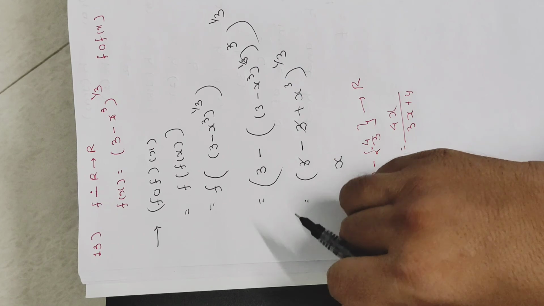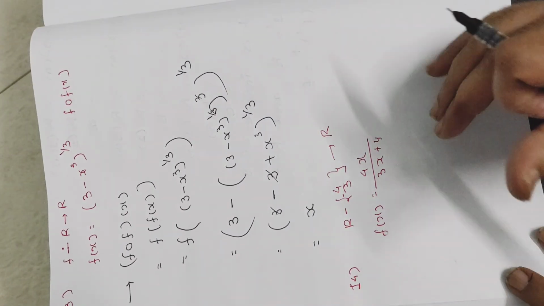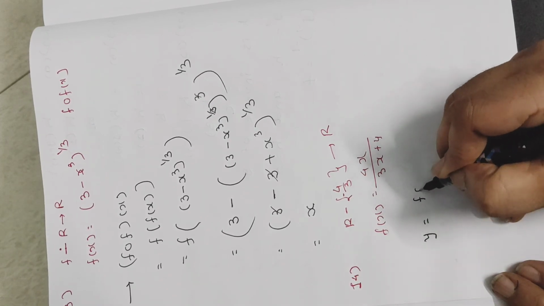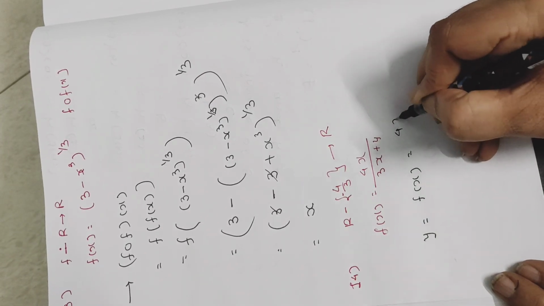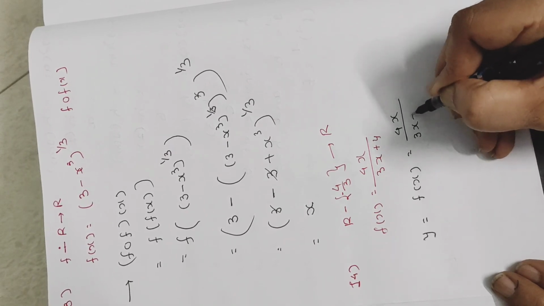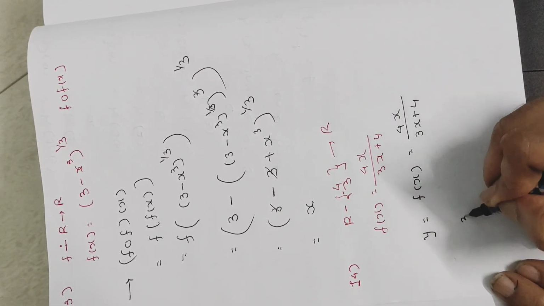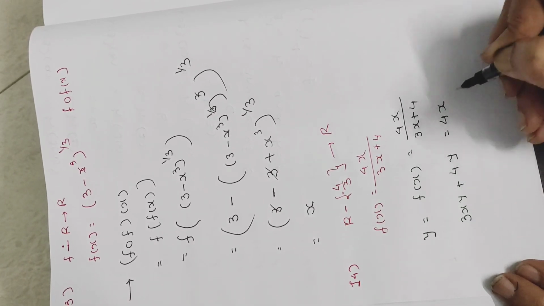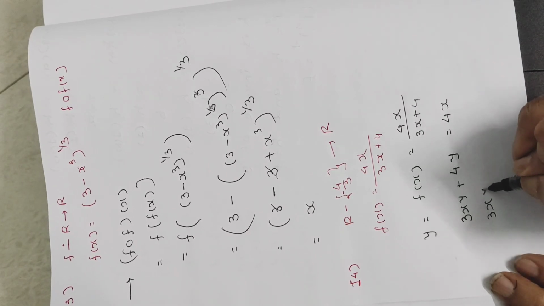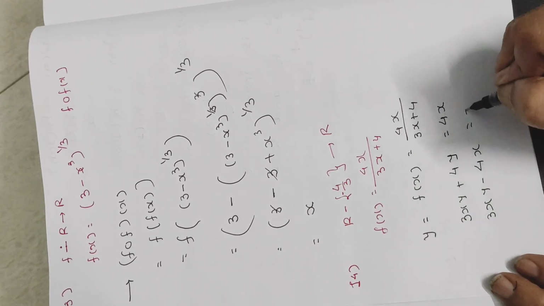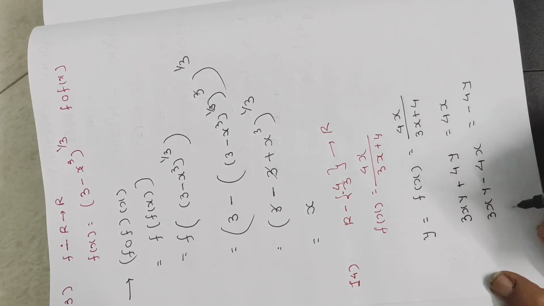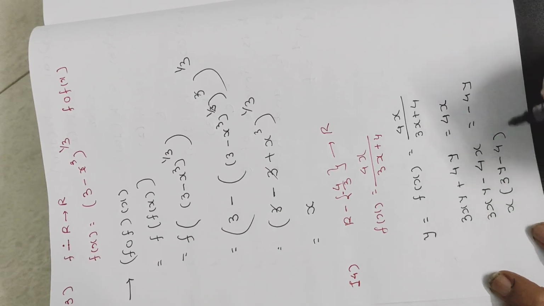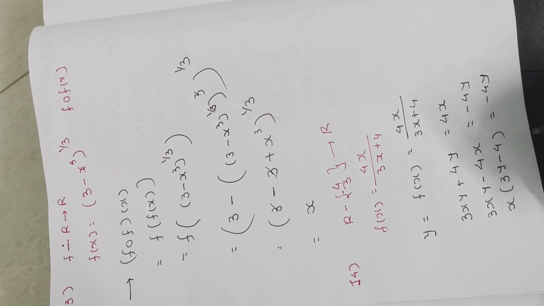Now question 14. This is an MCQ and I have to find only the inverse, so just take y is equal to f(x) is equal to 4x upon 3x plus 4. So 3xy plus 4y is equal to 4x. So 3xy minus 4x is equal to minus 4y. x is common, so x(3y minus 4) is equal to minus 4y.